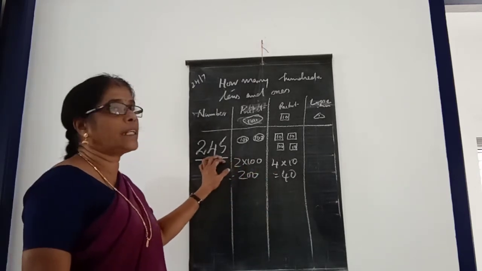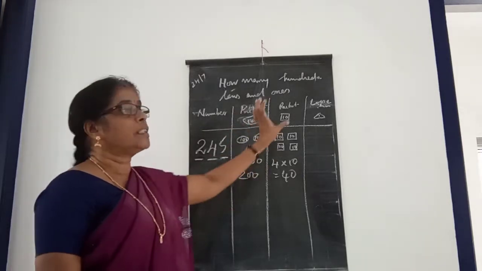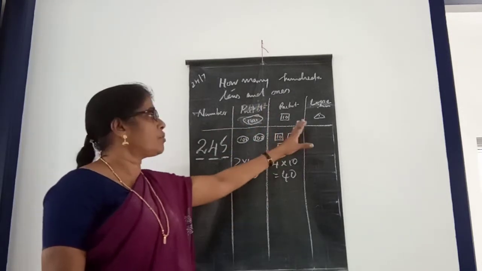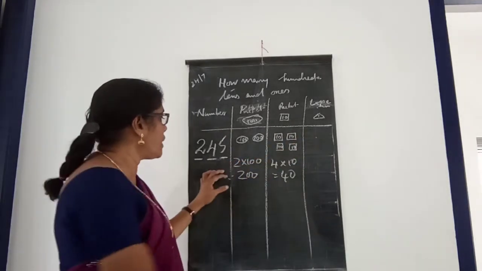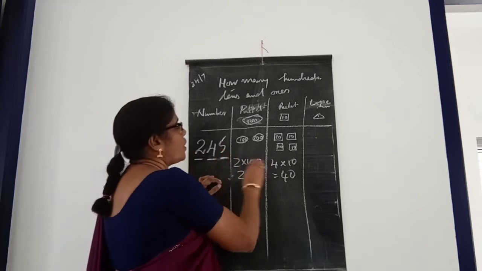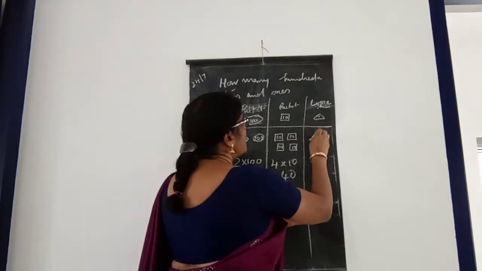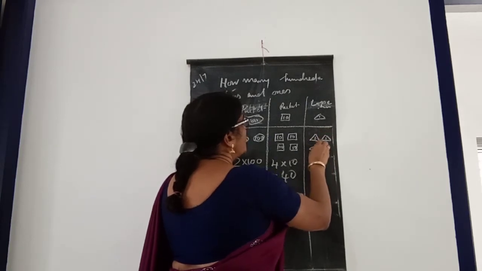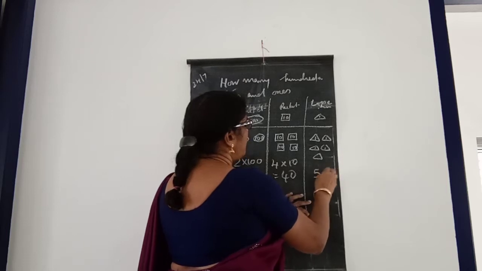And how many loose items? That is 5. This one is the hundreds, this one is the tens, and which one is ones? That is the loose items, ones. How many ones? 1, 2, 3, 4, 5. That is 5 ones, 5 into 1.